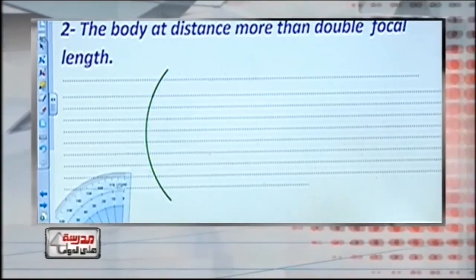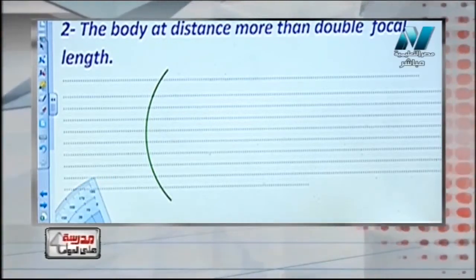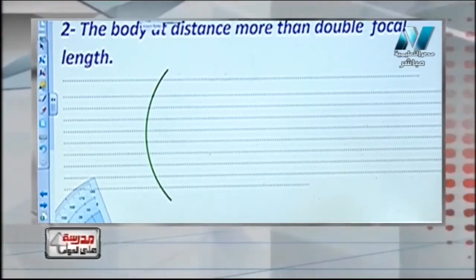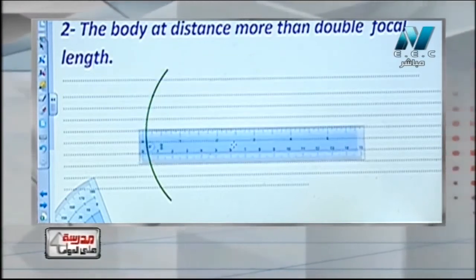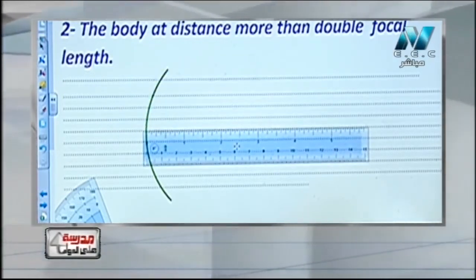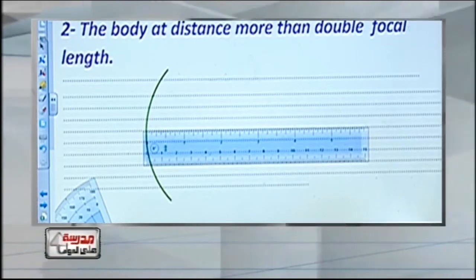نبعد بقى الارك خلاص مش عايزينه دلوقتي. We will use the ruler to draw 2 equal distances. مسافتين قد بعض.